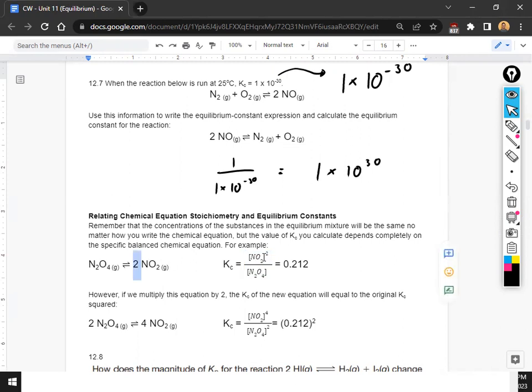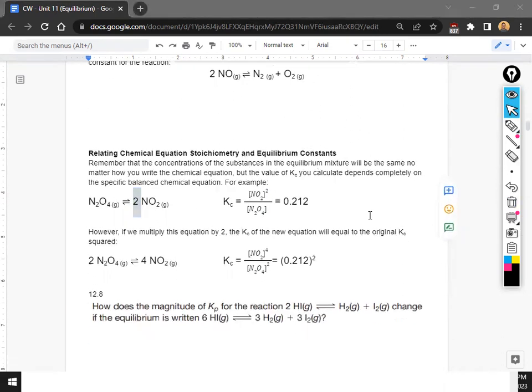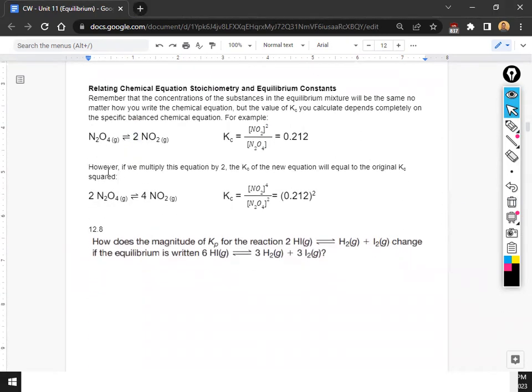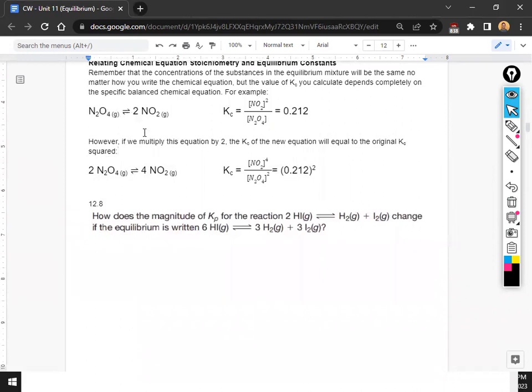And so depending on the coefficient, that's going to change the value of the equilibrium constant.